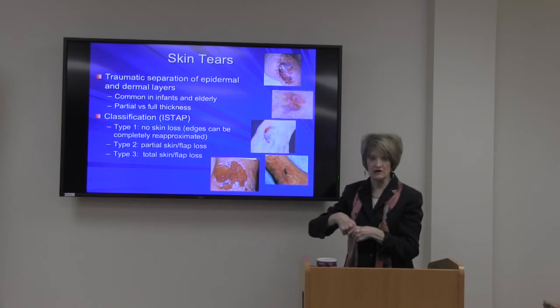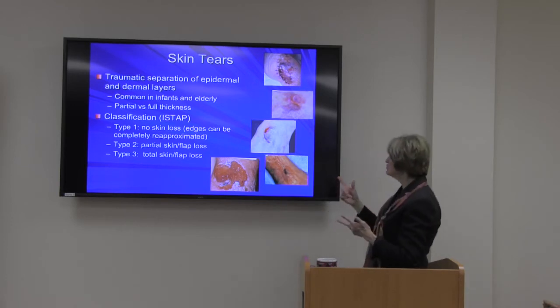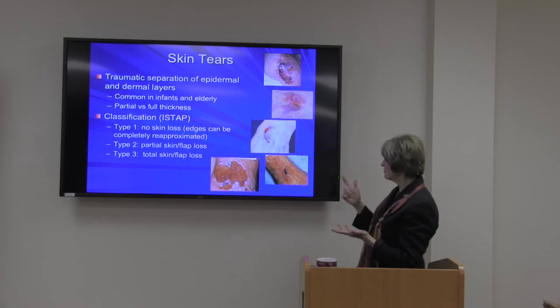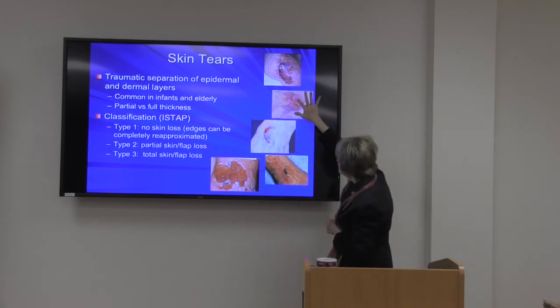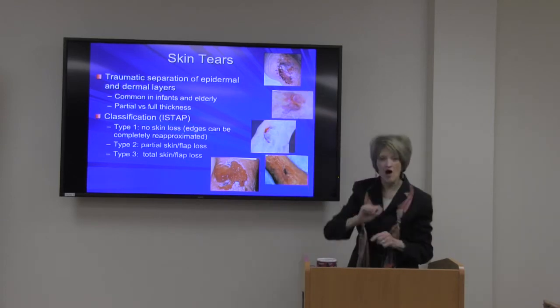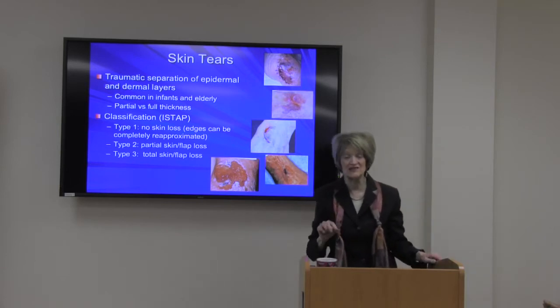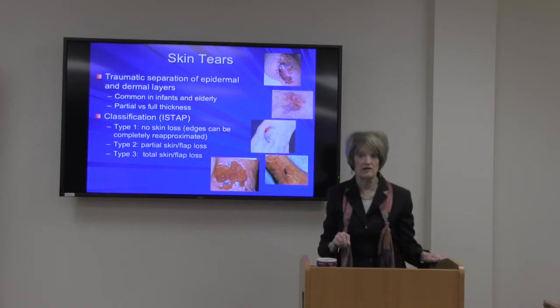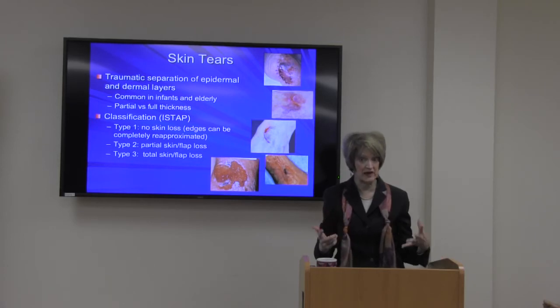That's type 1. Type 2 means you have partial skin loss. So even though this flap and this flap almost completely covers the wound, it does not completely cover the wound. That would be considered a type 2, partial skin loss. So you're going to have to manage that as an open wound.